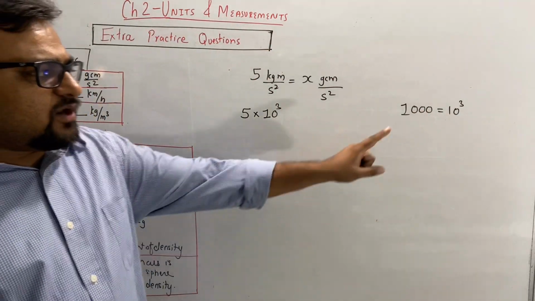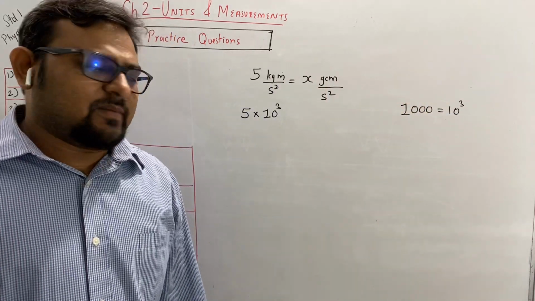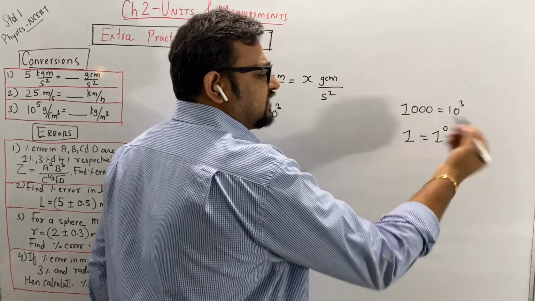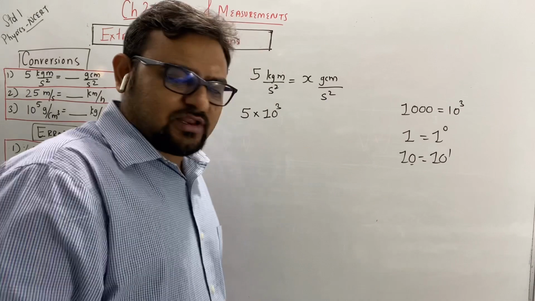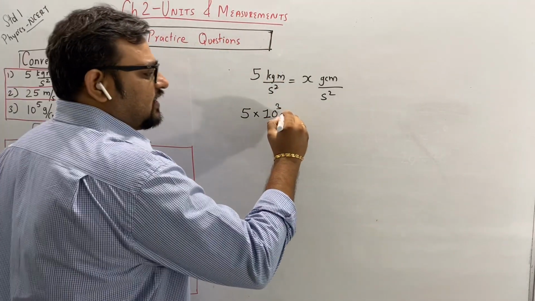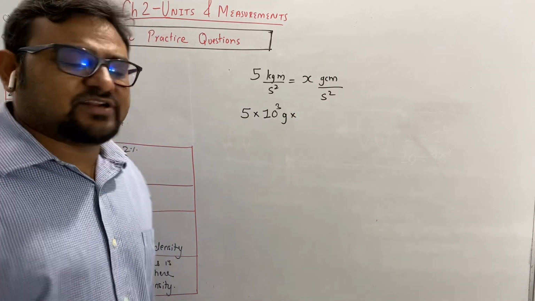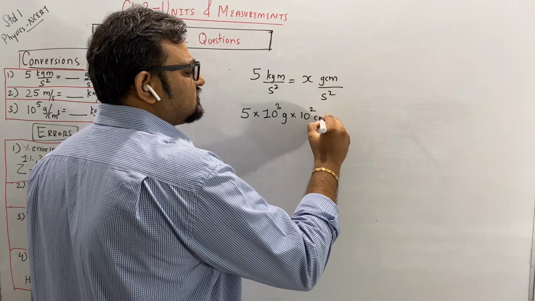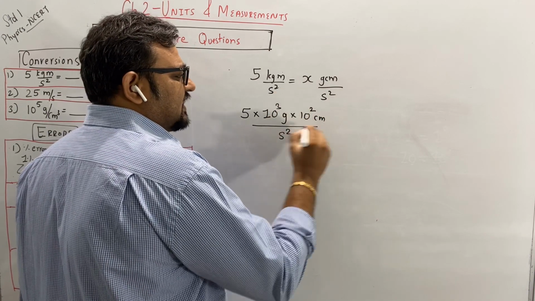Remember, the number of zeros after 1 will be the power. If there is no 0 after 1, it is 10 raised to 0, that is 1; 10 is 10 raised to 1. So 10 raised to 3 gram. 1 meter, how many centimeter? 100 centimeter, that means 10 raised to 2 centimeter, upon 1 second.